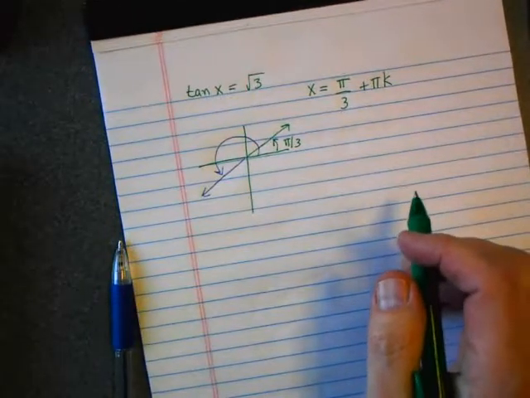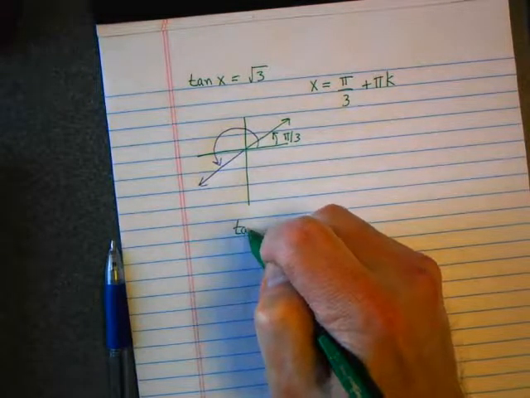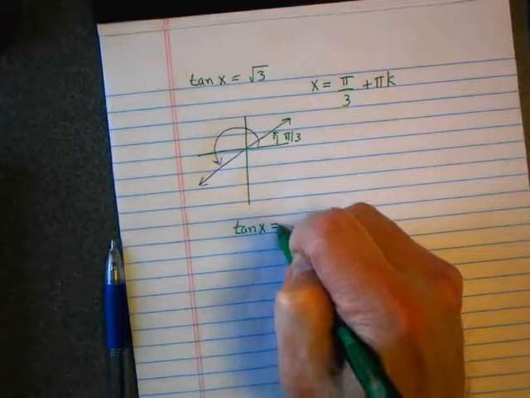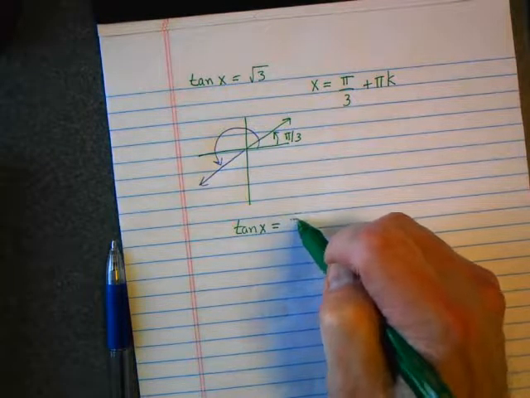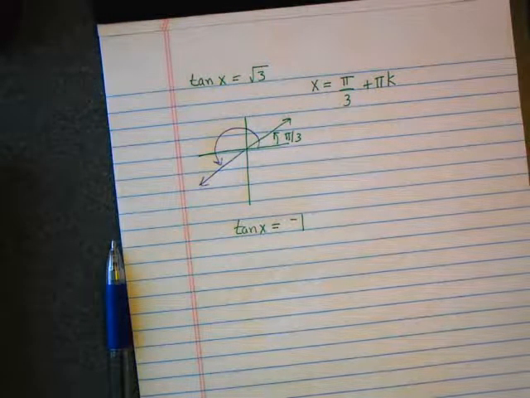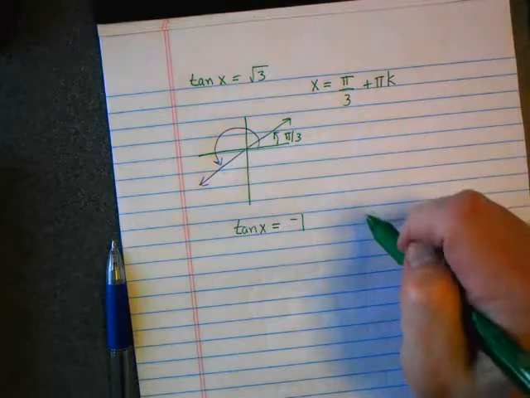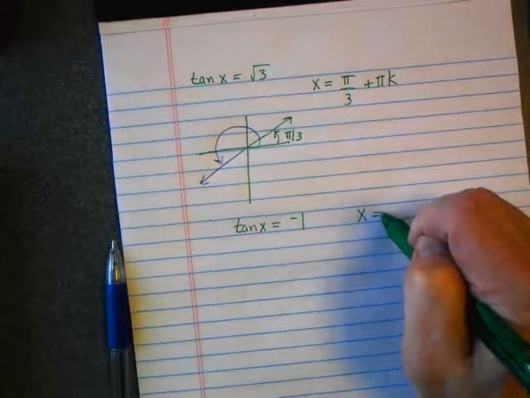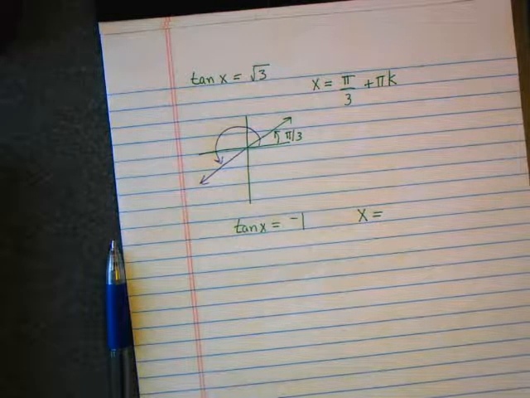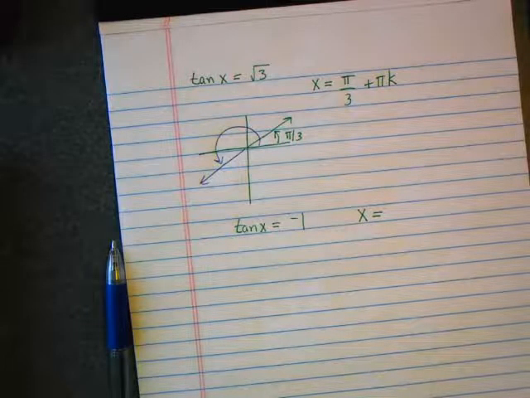All right, so what if I gave you tangent of x is -1? So x is pi over 4 is almost the right answer. No, I don't want to say that.